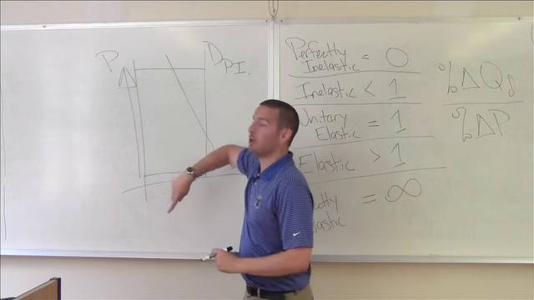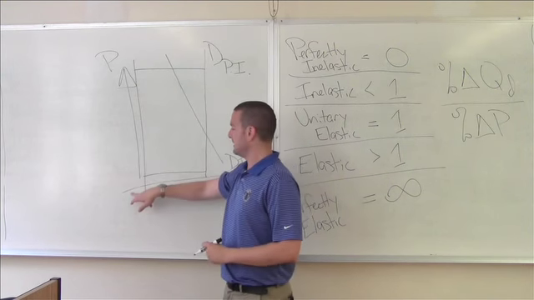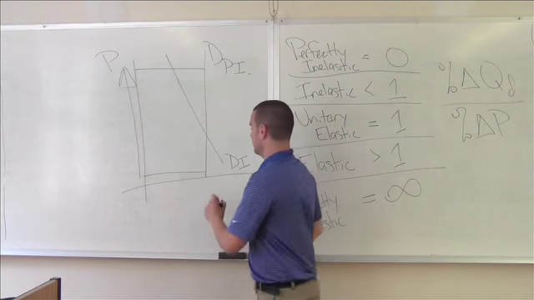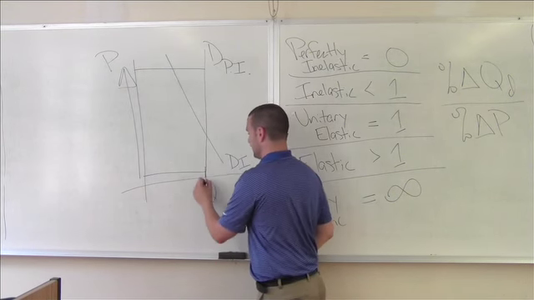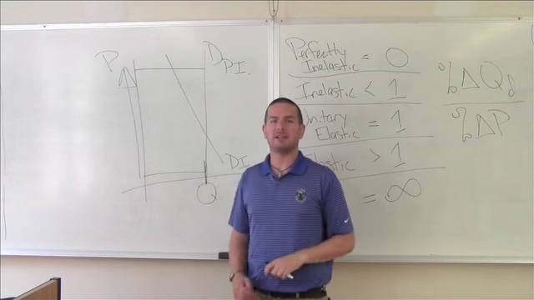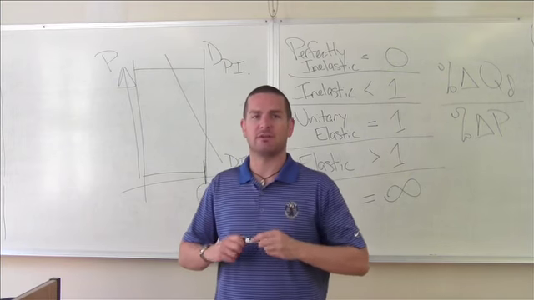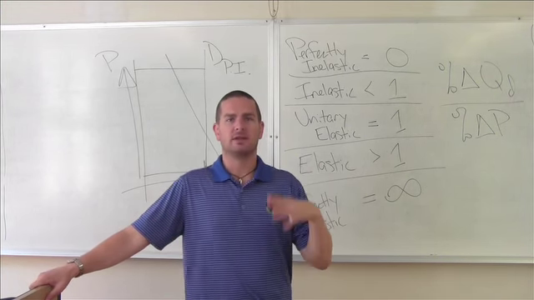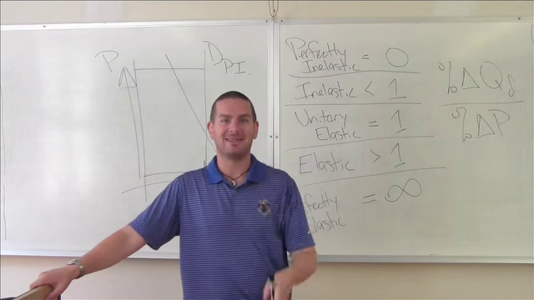In fact, the price could go to infinity. It could be 0 or it could be infinity. No matter what, the quantity is exactly the same. That's what a perfectly inelastic demand curve is. No matter what the price, the quantity is exactly the same.